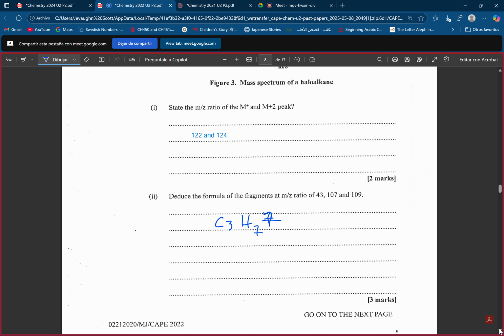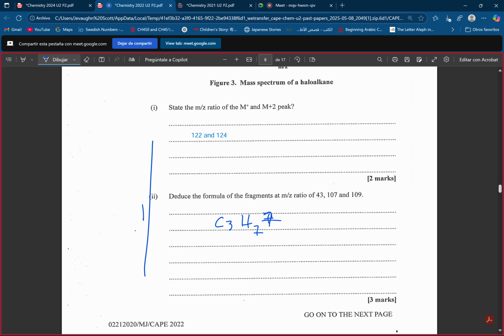What are the two isotopes of bromine? They're about the same height. Bromine 79 and bromine 81 have a 1-to-1 intensity ratio.